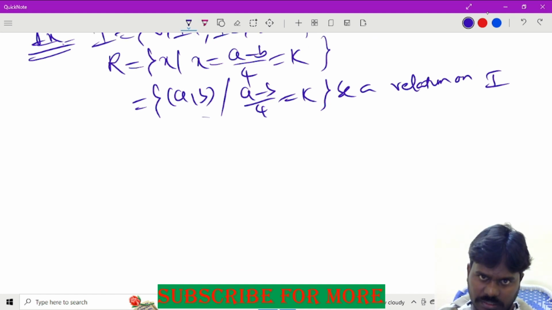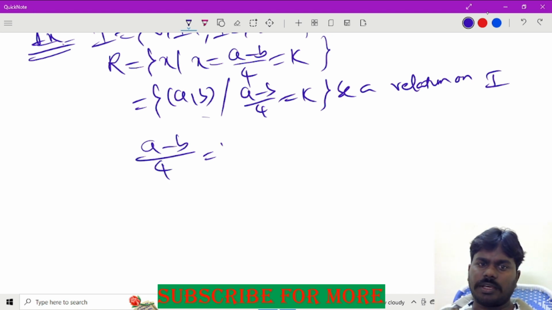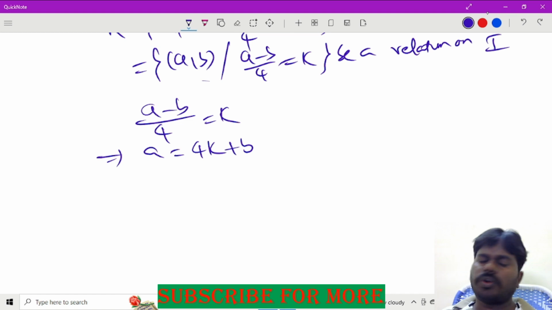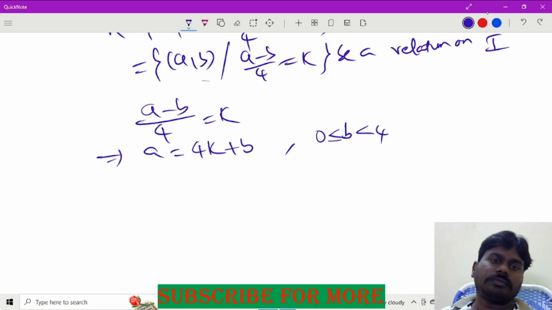So here in the relation they have given one condition that (a minus b) by 4 is equal to k. From this we can write a is equal to 4k plus b. Here a is equal to 4k plus b in the sense that when you are dividing a by 4, it gives some remainder. These remainders are between 0 and 3.